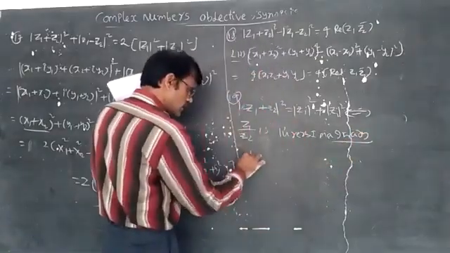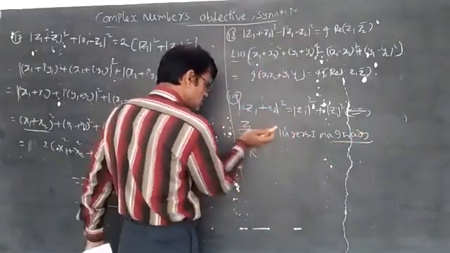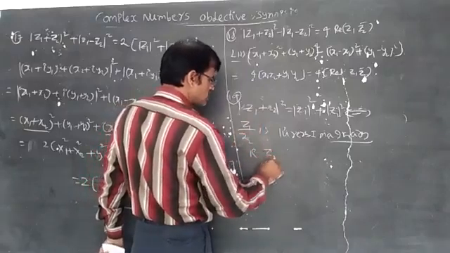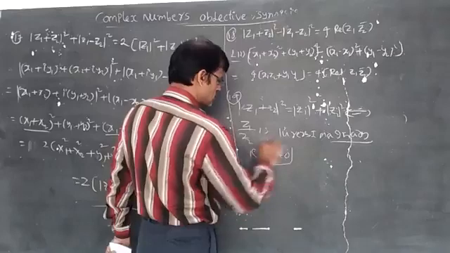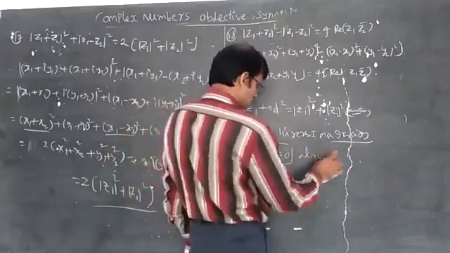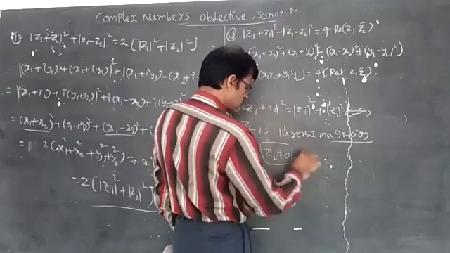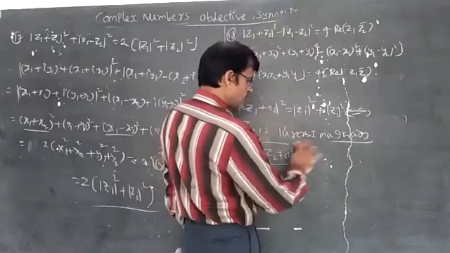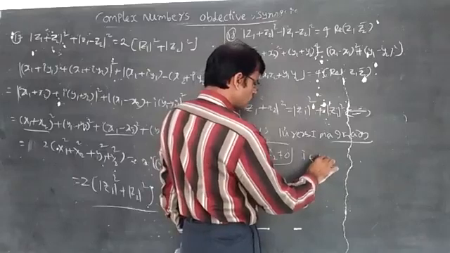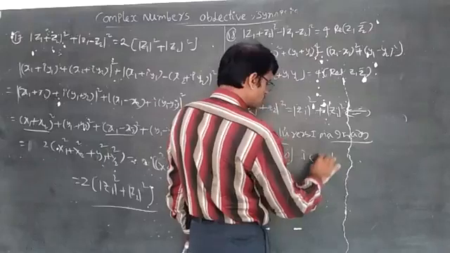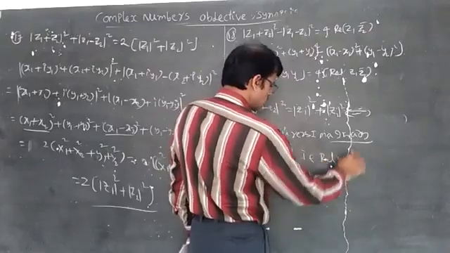Purely imaginary, that meaning, let us try to understand. p by q is a rational number where q is not equal to 0, and also that is the meaning that z2 is not equal to 0. Purely imaginary means real part equal to 0, only imaginary.